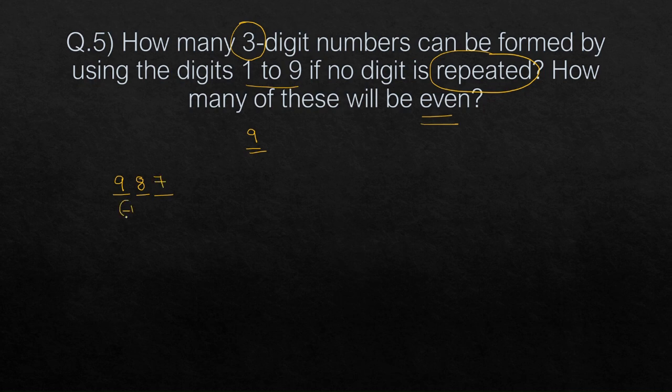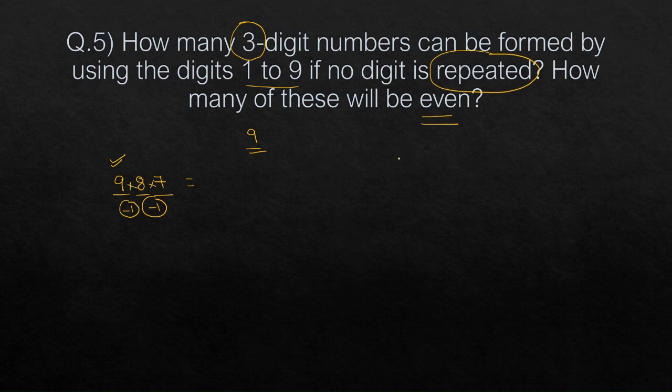We'll keep on subtracting 1 because repetition is not allowed, and since we have used 1 digit at this place, we have only 8 options to fill up in the second one, and consequently 7 in the third one. Now if we multiply these, we'll arrive at our answer.